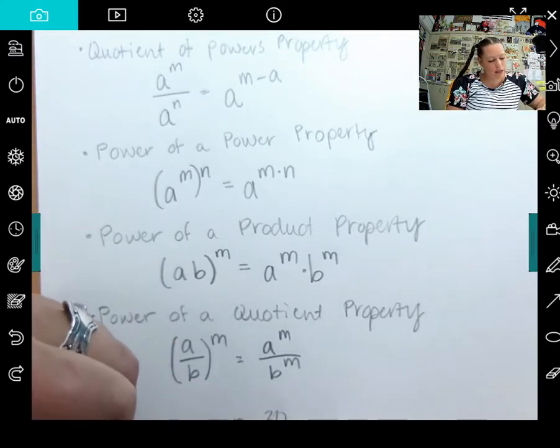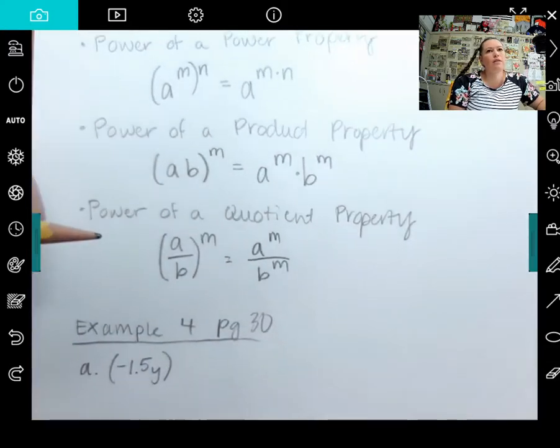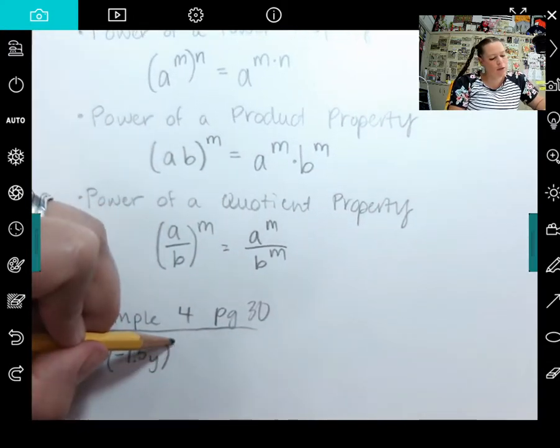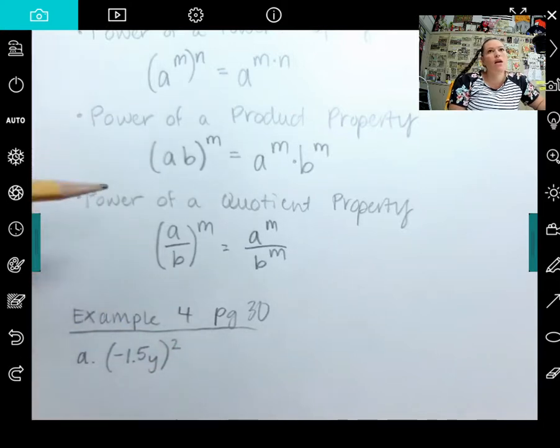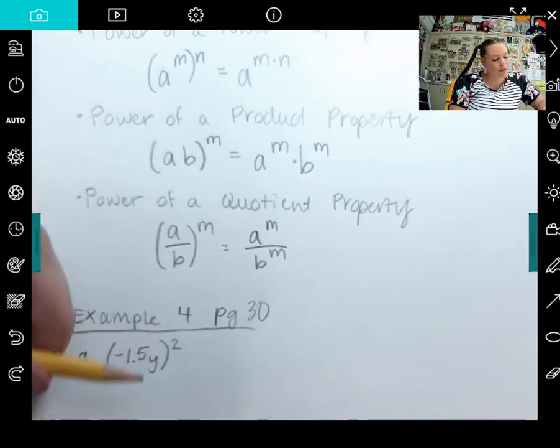So A is negative 1.5 y. So negative 1.5 times y, and that whole quantity is squared. So now we're going to be using this power of a product property where we distribute the squared to each term inside of the parentheses.